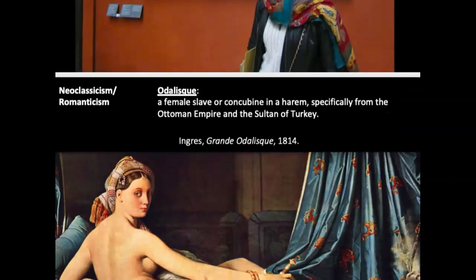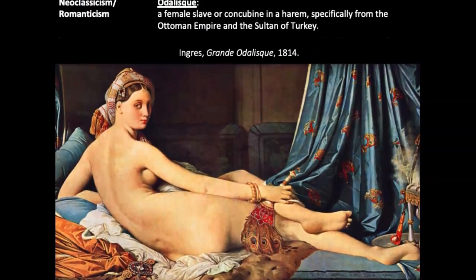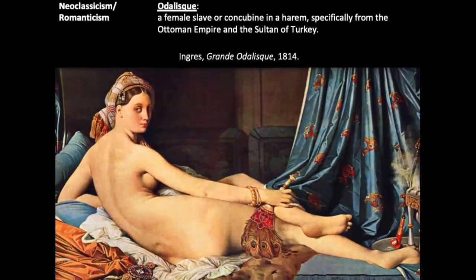So let's look at how Ingres would have wanted us to see it. We would see a background. It's dark, but not completely obliterated. We see the couch cushions. We see this heavy curtain that's been pulled back to reveal her body, and she's kind of playing with it on her foot. Now, I put here in the top corner the period styles, Neoclassicism and Romanticism.